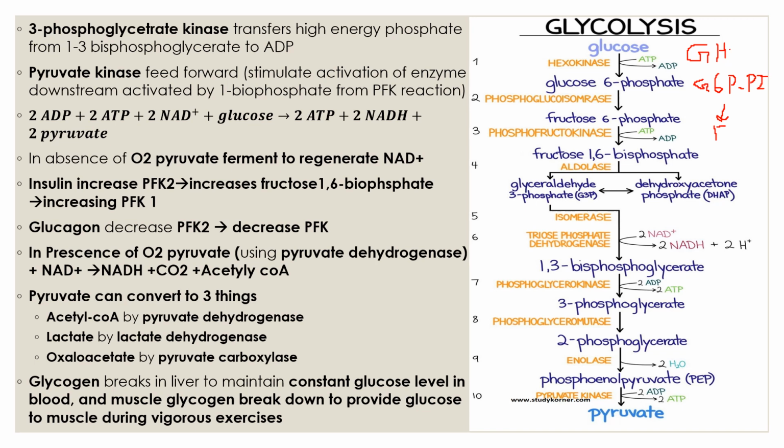So this acts on this and then this acts on this, okay? And it helps you predict the next breakdown, and then it goes into fructose, and then fructose 6.